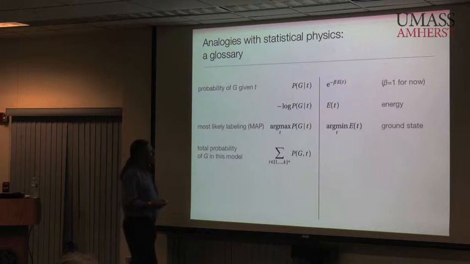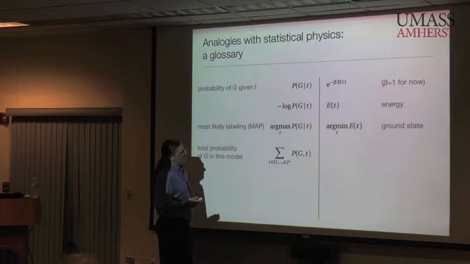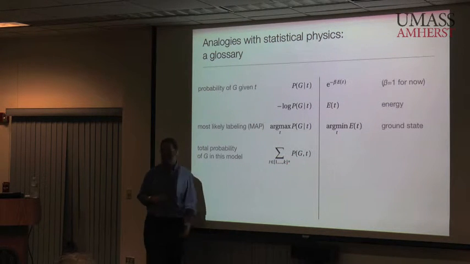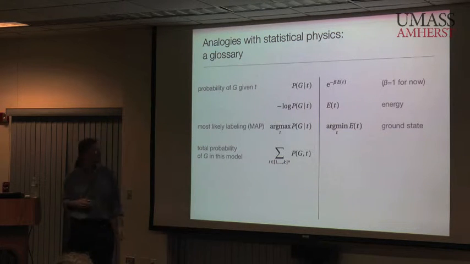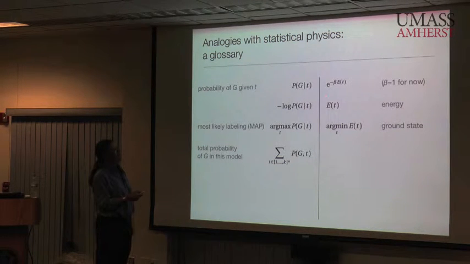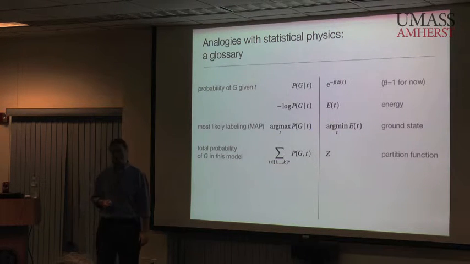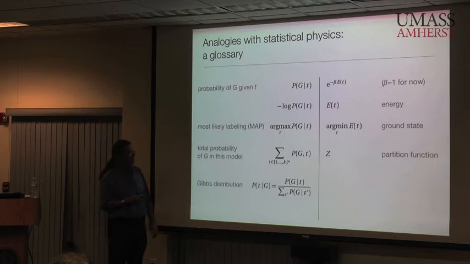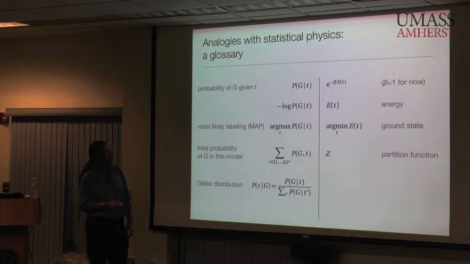All right, what's the total probability of getting our network if we summed over all possible k to the n combinations of labelings? Well, that would be the sum of this little Boltzmann factor here, and that is called the partition function, and it is also how you normalize to get the posterior distribution.